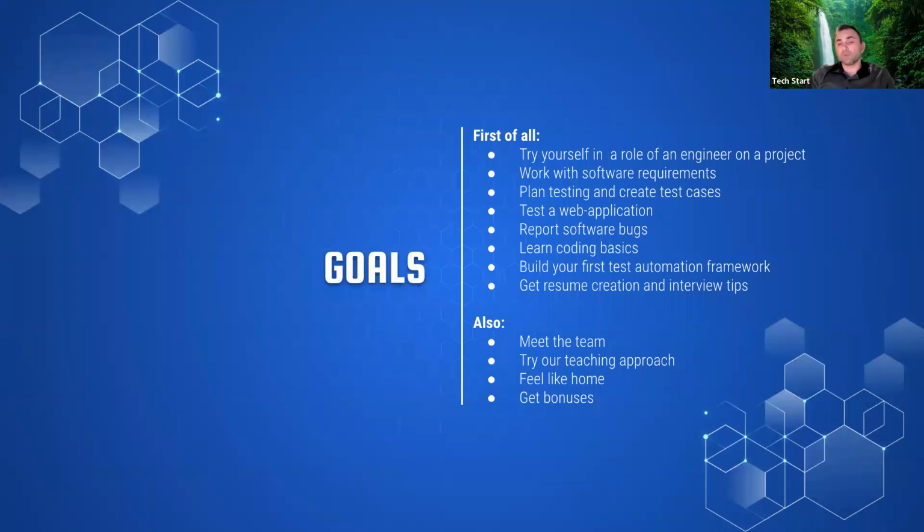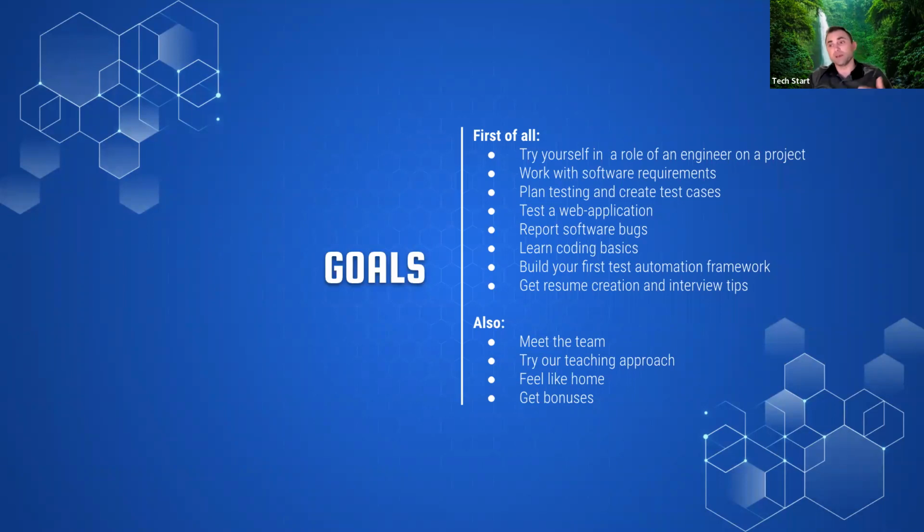So we will be working with the software requirements. What is that? It's just requirements for anything we develop. For example, you have a banking application on your phone that you use daily, right? Or you use a messenger on Facebook. All those applications were developed by somebody, right? And all of them have requirements.